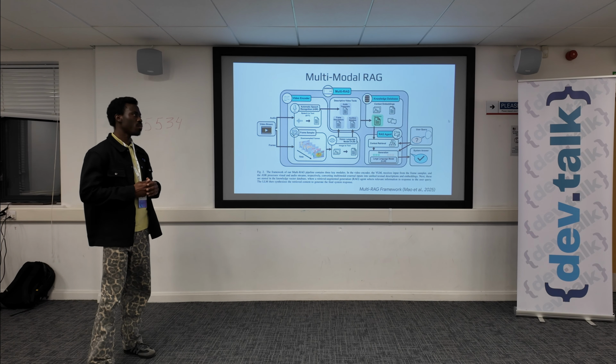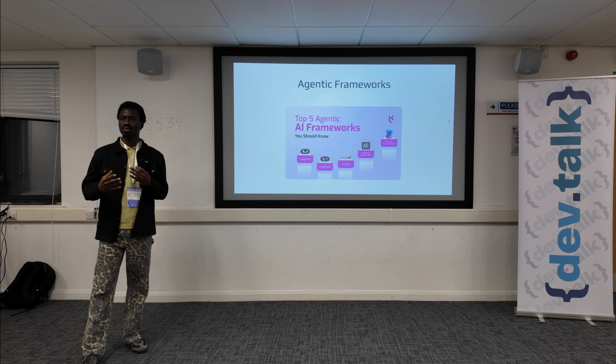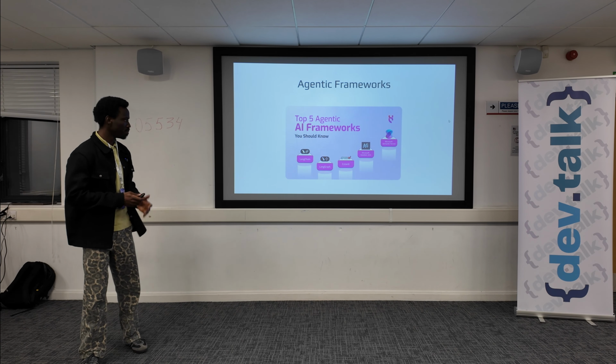Okay, so we've covered a lot. Basically all of these are the building blocks of these agentic systems. These are some top 5 agentic frameworks that you should know. We have LangChain, which basically gives you a suite of models that you can pick from, and it also gives you access to tools and vector databases.